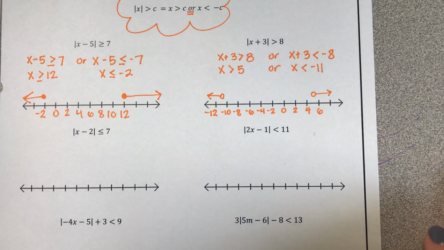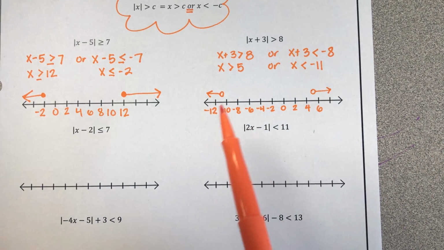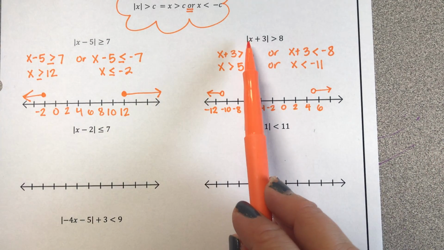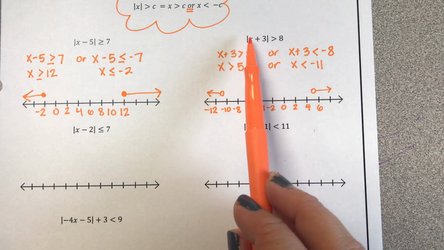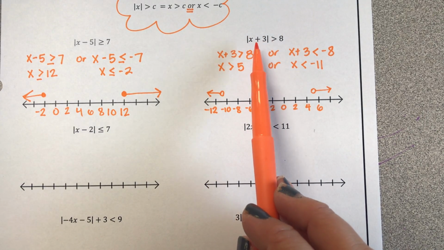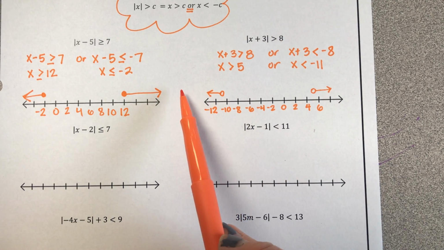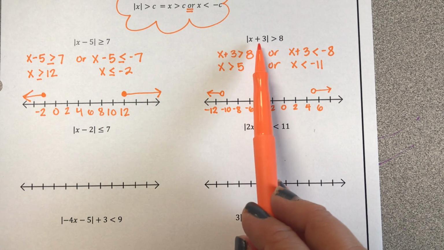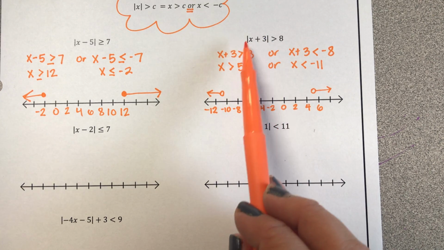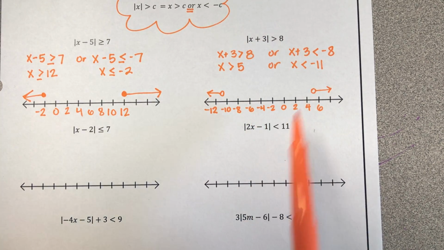So let's check it. Let's say I picked something less than negative 11, like negative 12. Negative 12 plus 3 is negative 9. The absolute value of negative 9 is 9, which is bigger than 8, right? Let's say I picked negative 100. That would be negative 97. The absolute value of negative 97 is 97, which is greater than 8.